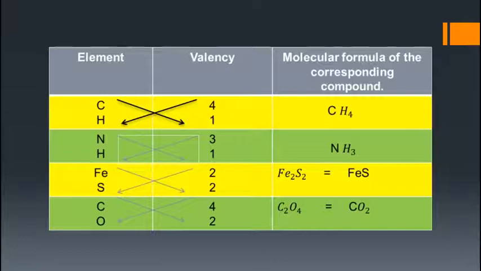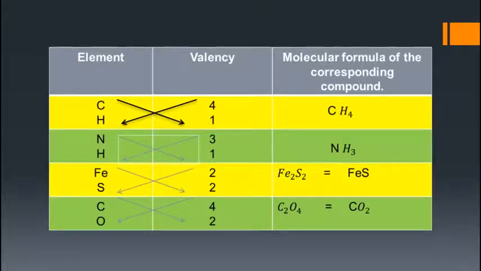For the next example, the constituent elements are N and H, nitrogen and hydrogen. The valency for nitrogen is 3 and for hydrogen it is 1. Let's do cross multiplication. After cross multiplication, the formula we obtain is NH3, that is ammonia, and the first was methane.